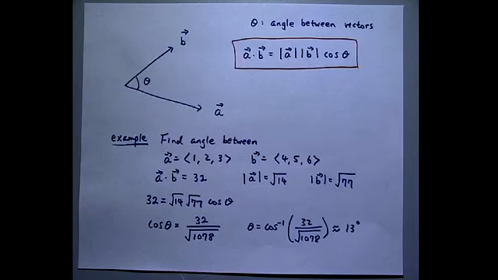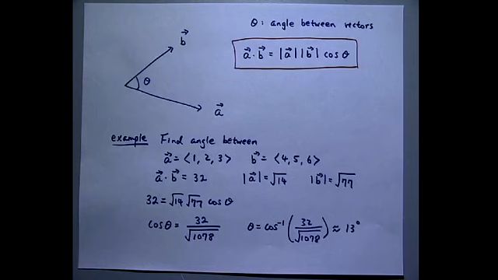Now let's take the angle formula a little bit further and find out a little bit more about what the number A dot B tells us. If you have two vectors, A and B, and they're perpendicular to each other, then what's the angle between them, what's theta?